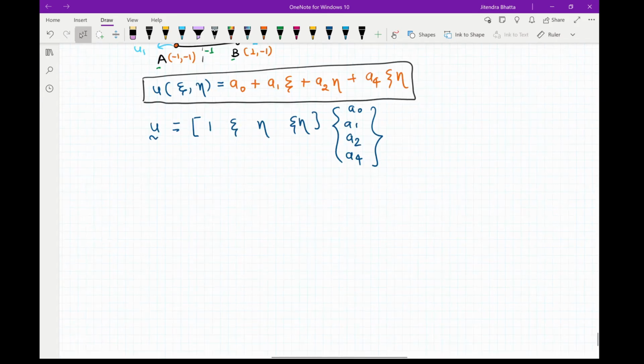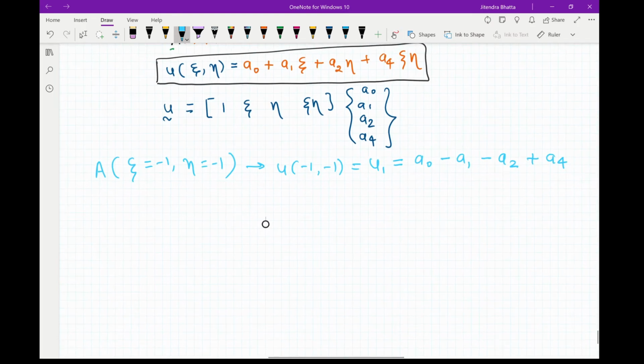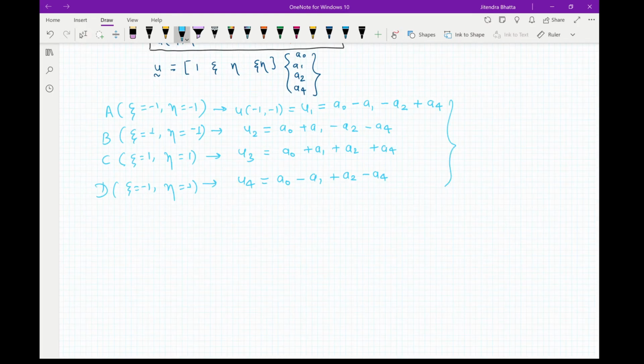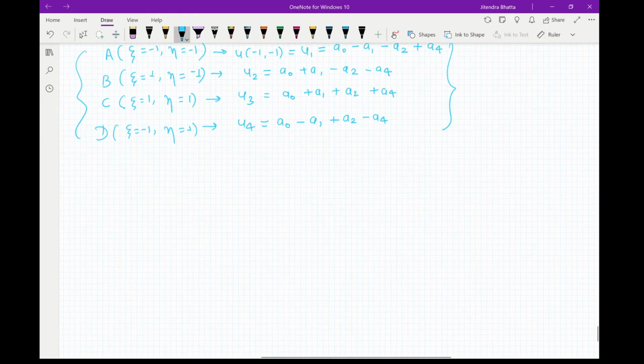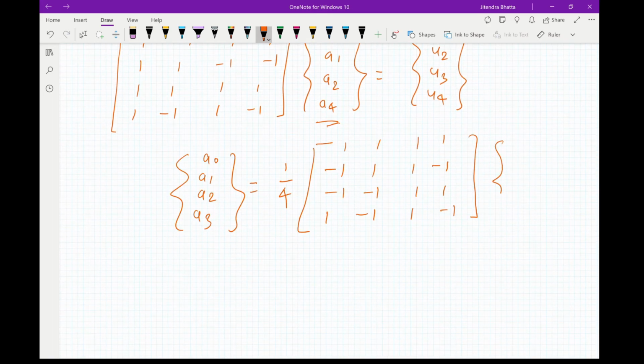So what we'll get is, if you look at A, where xi equals to -1 and eta equals to -1, you will have u(-1, -1), which will be equal to u1, which will be equal to, similarly, now you can write this in the matrix form. Now from here you can solve for this, and then you'll have your u1, u2, u3 and u4. And this is your solution for the coefficients.